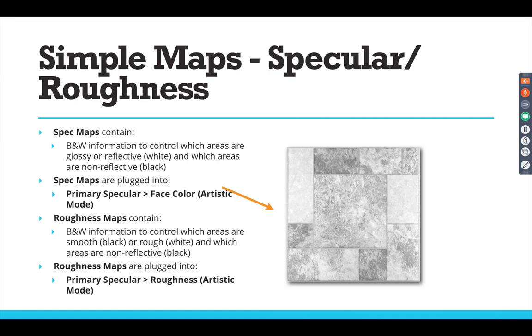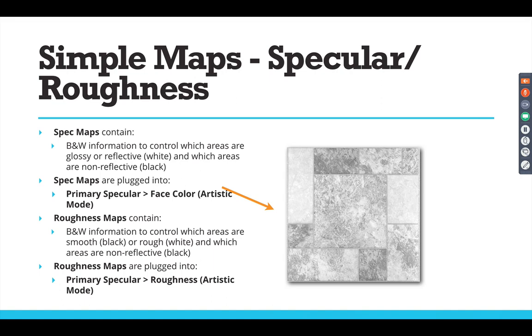Remember, in primary specular, one of the first settings, you've got face color, you got edge color, and you have the Fresnel exponent, which blends those two together. It's the face color that adjusts how bright or how reflective something is. We use spec maps as a way to control how reflective something is.